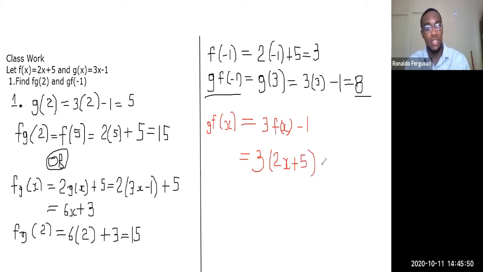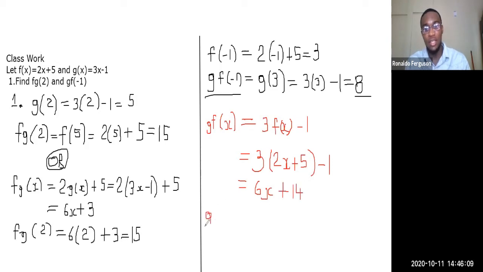And then we're subtracting 1 from it. And so what we're getting is 3 times 2x is 6x. Then 3 times 5 is 15, and 15 minus 1 is 14. So we get 6x plus 14.